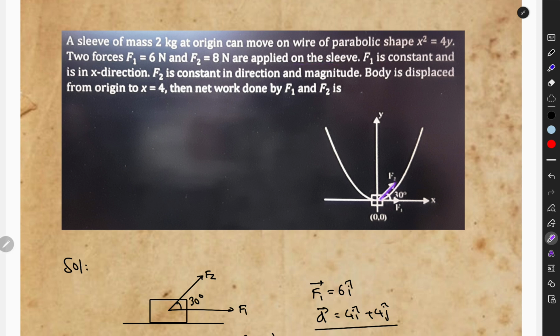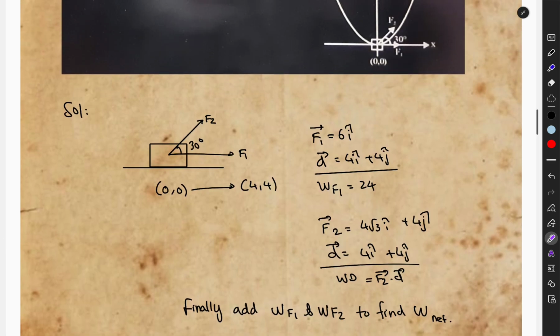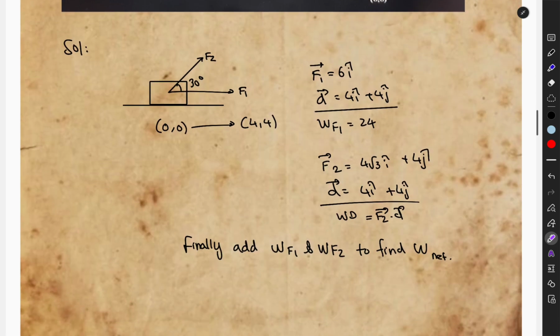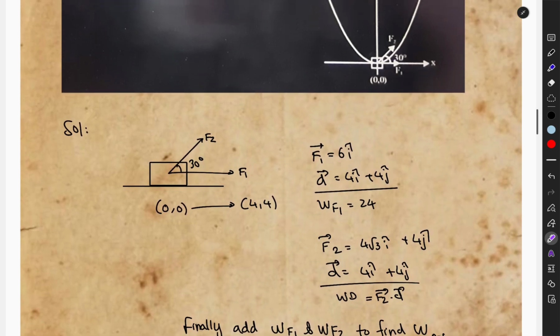So this force will be in the i cap direction, and this force will have two components like this. I think we need to find the work done by both the forces separately and add them at the end.